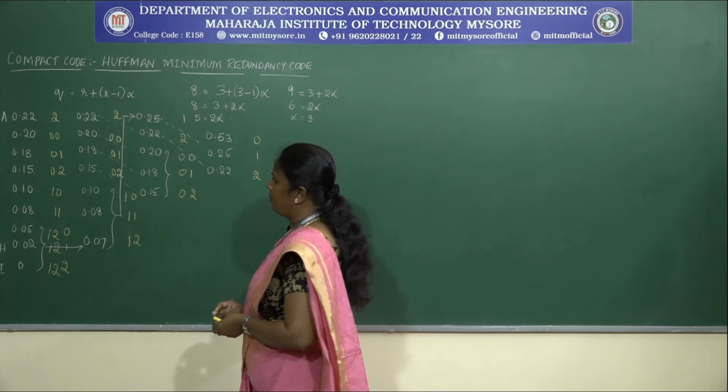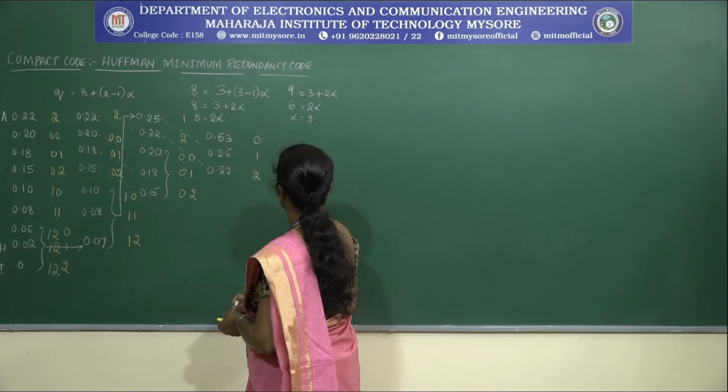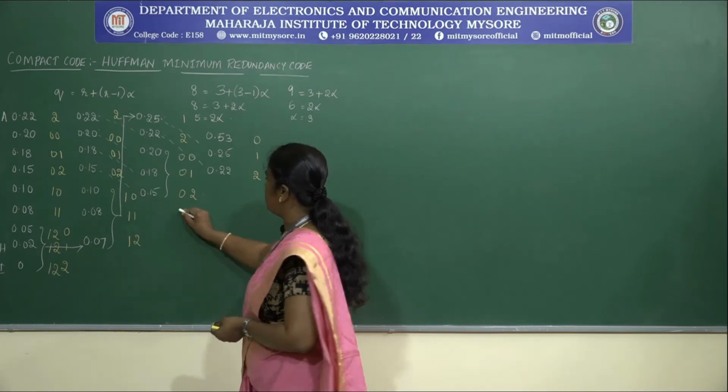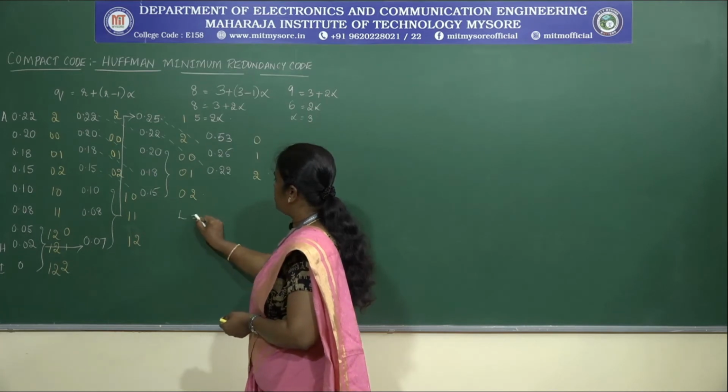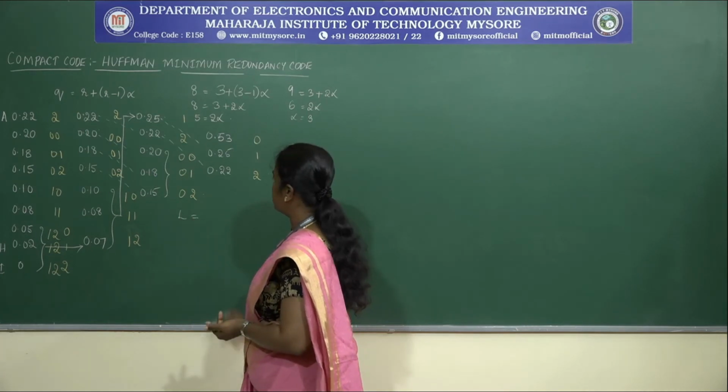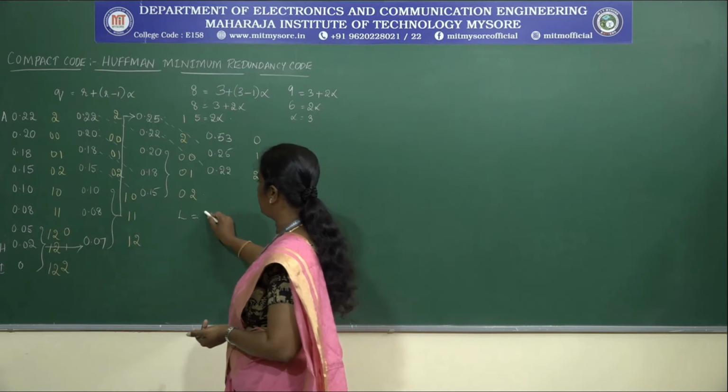For the rest of the process, you need to calculate its average length L. L is equal to the sum of Pi into Li. You already know the lengths.